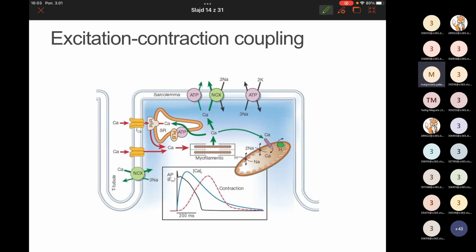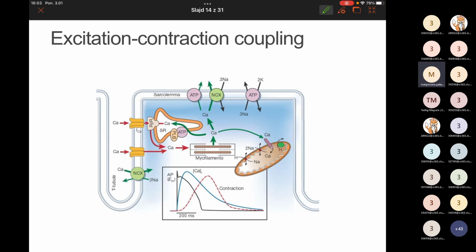As I said, during the second phase of the action potential of cardiomyocytes, the influx of calcium ions through the L-type calcium channels triggers excitation contraction coupling.